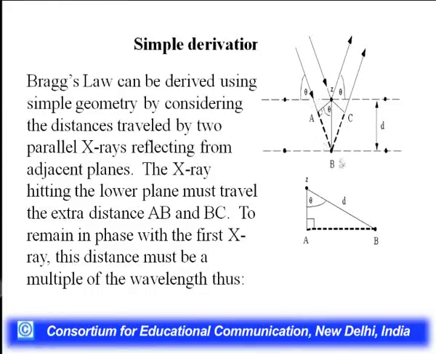Bragg's law can be derived using simple geometry by considering the distances travelled by two parallel X-rays reflecting from the adjacent planes. The X-ray hitting the lower plane must travel an extra distance as compared to the light falling upon the upper plane. Then the extra path is AB plus BC. To remain in phase with the X-ray, this distance must be a multiple of the wavelength.